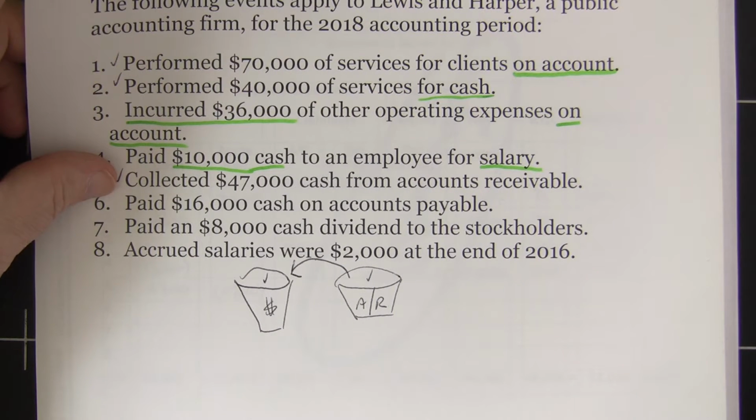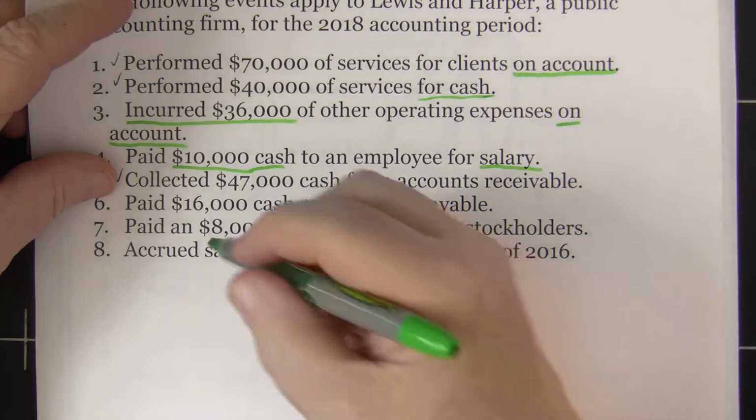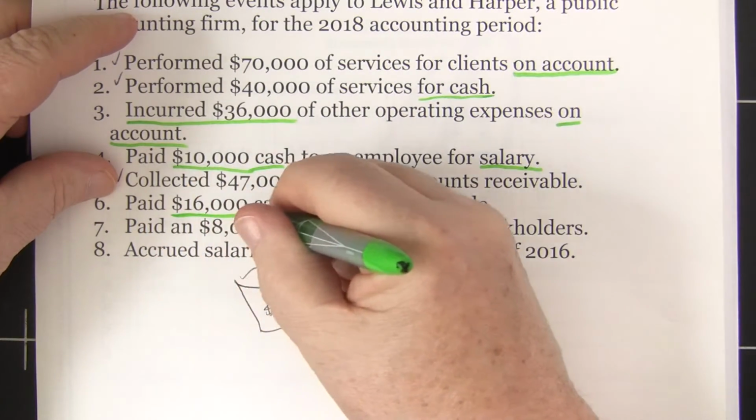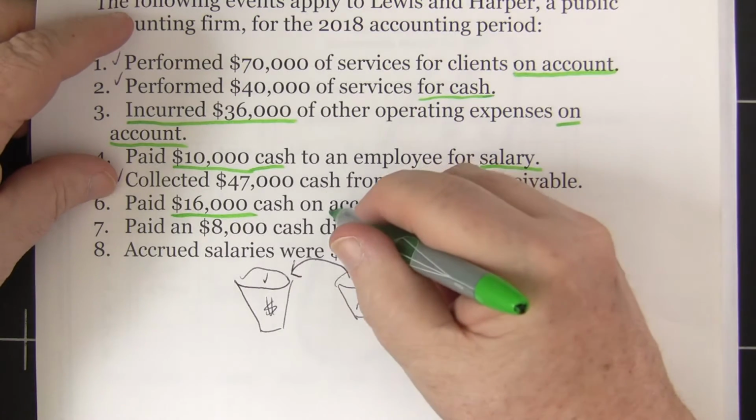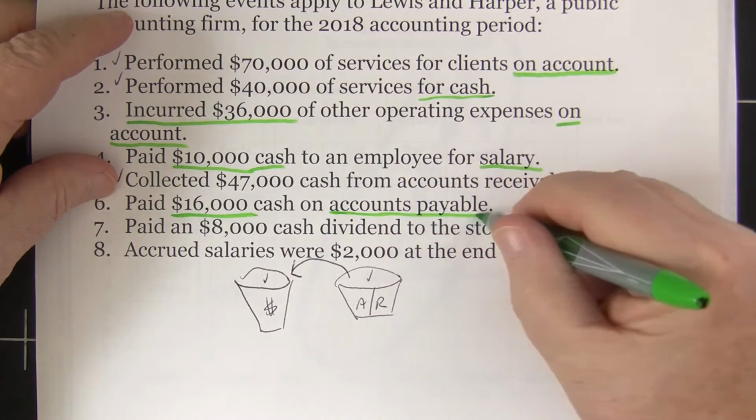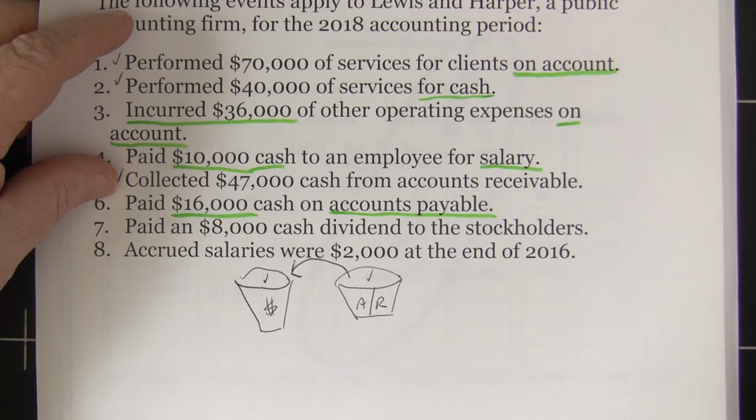Next one, we paid $16,000 cash. And when you see paid, that's kind of a code word for cash out on accounts payable. So this is not a new bill. This is a bill we've already recognized.